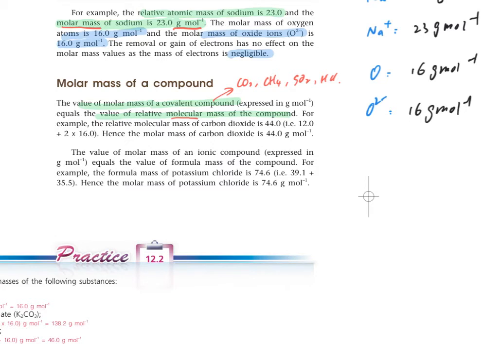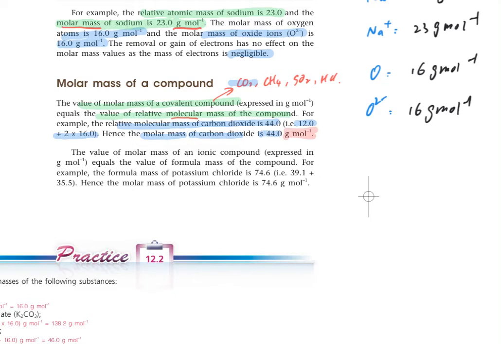So for example, the relative molecular mass of carbon dioxide is 44. Actually, 44 comes from 12 plus 2 times 16, right? So the molar mass of carbon dioxide is 44 again, but gram per mole.